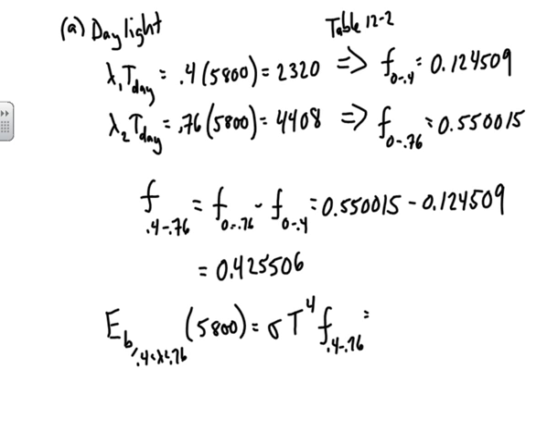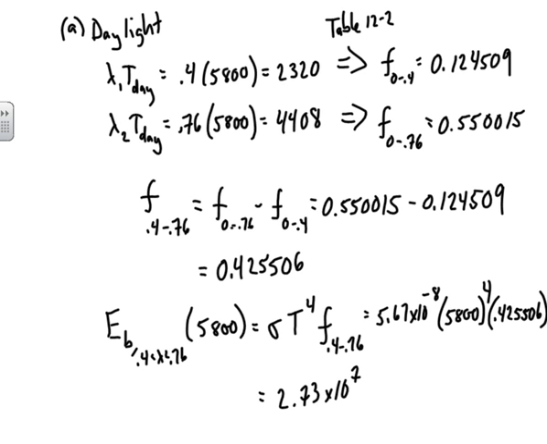So this is going to equal 5.67 times 10 to the minus 8 times 5800 raised to the 4 times 0.425506. Punching that into our calculators, we get that the emitted radiation in the visible light spectrum for daylight is 2.73 times 10 to the 7 watts per meter squared.